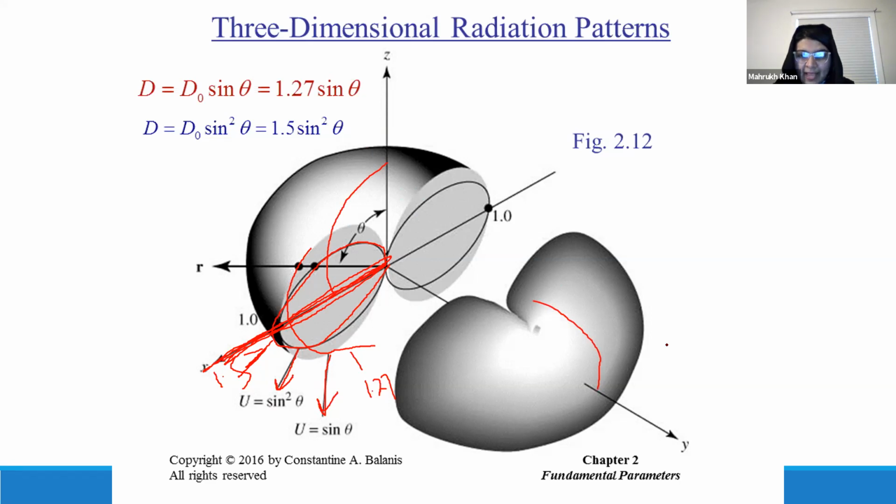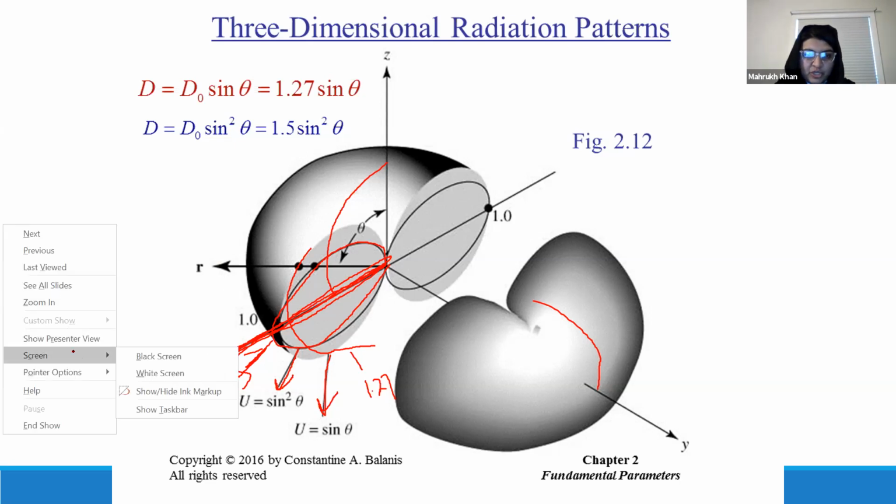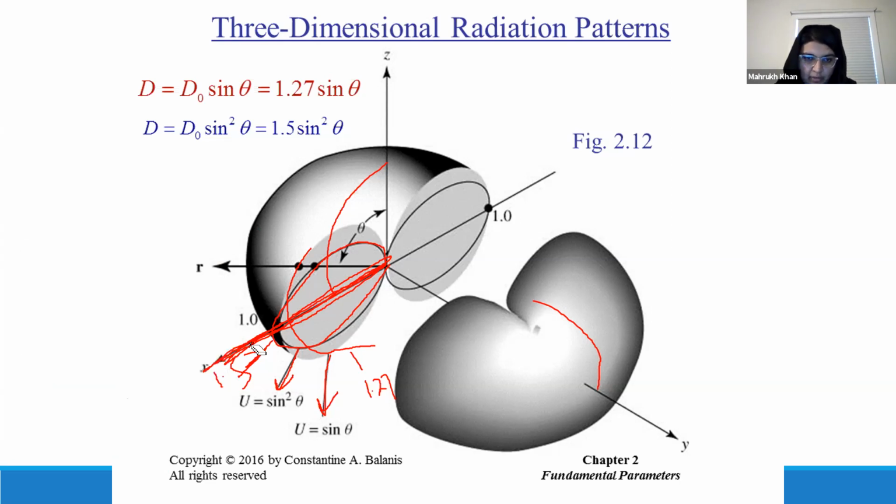So at phi, at any point where theta is equal to pi by 2, you are seeing a maximum directivity. But here, this is a normalized version just to show you what would be the shape of sine square theta and sine theta.